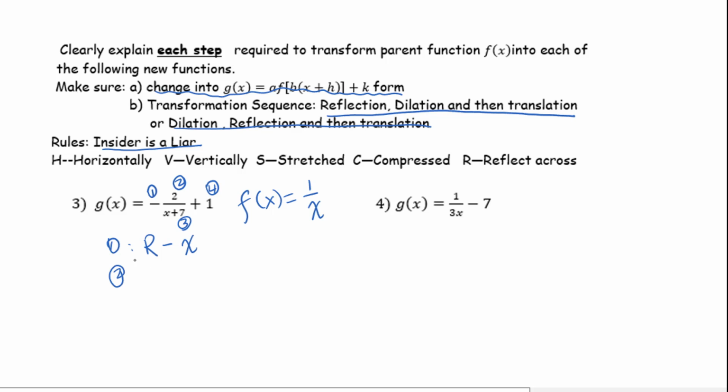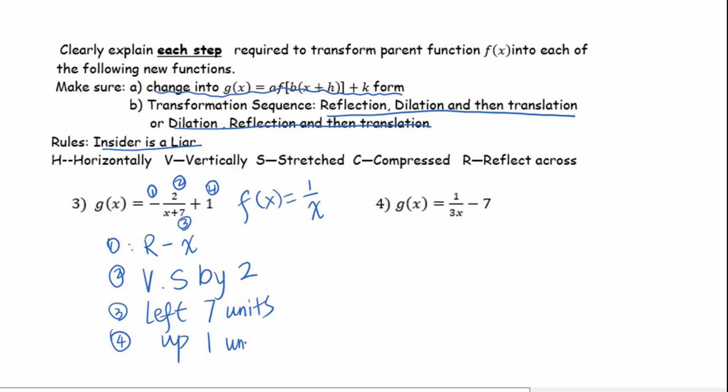Second step, since this 2 is related with y, vertically stretched by a factor of 2. Third step, inside is a layer, therefore, translate left 7 units. Fourth step, translate up 1 unit.